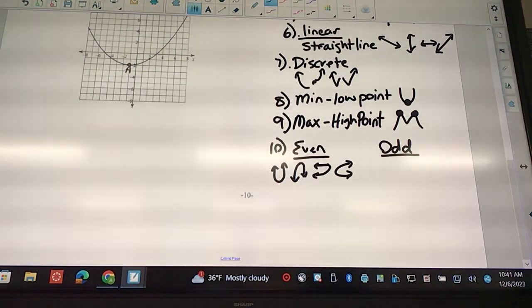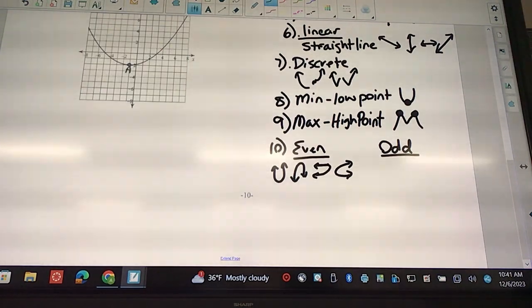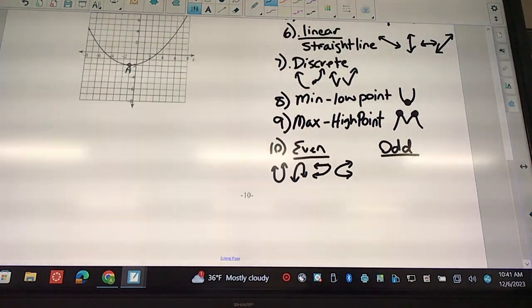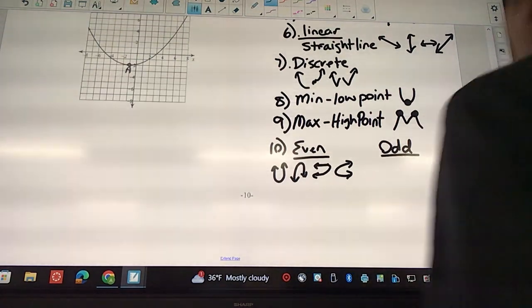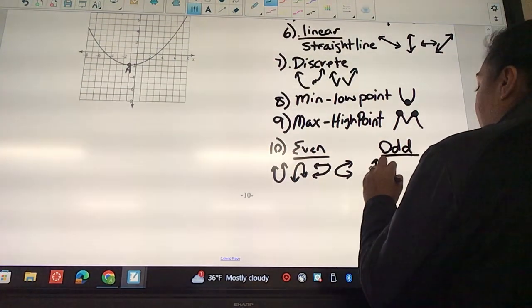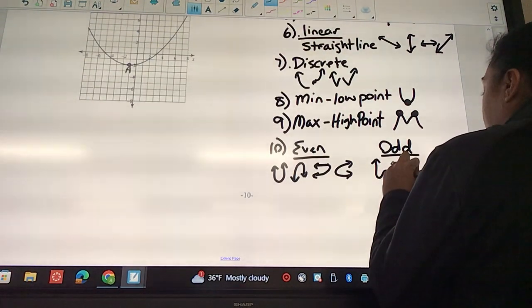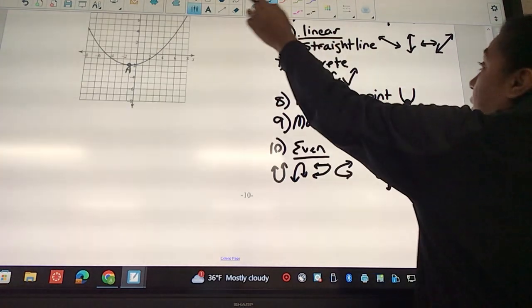If one is going up and one is going down, that is odd.